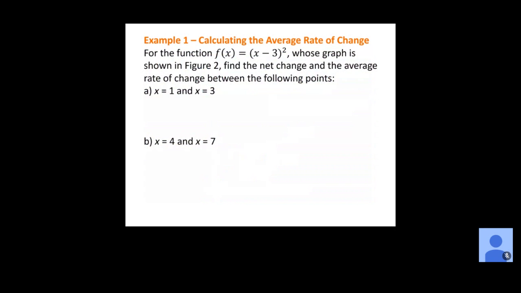All right, so now we're given a function, x minus 3 squared. They give you the picture in the book. I didn't copy it here, but we want to find net change and average rate of change between these points. So we've got to think back, because we did net change before. Does anybody remember how we find the net change of a function?